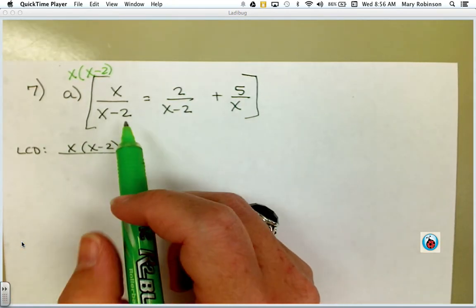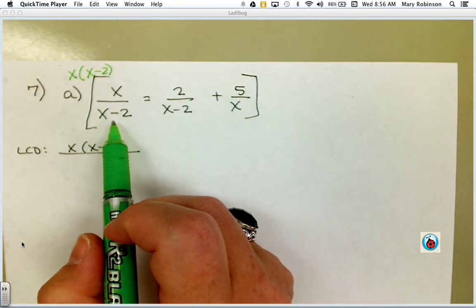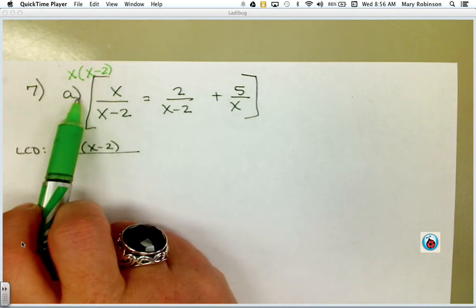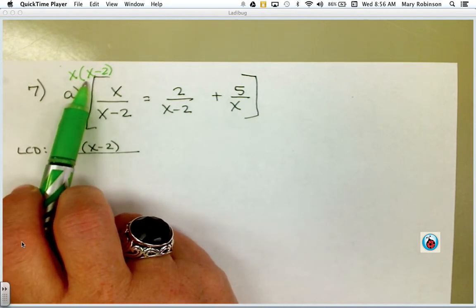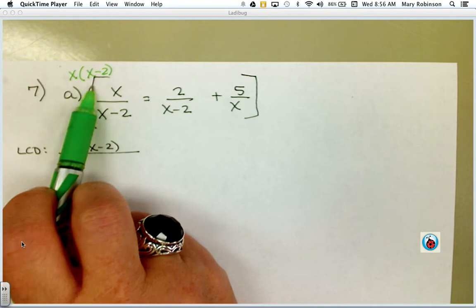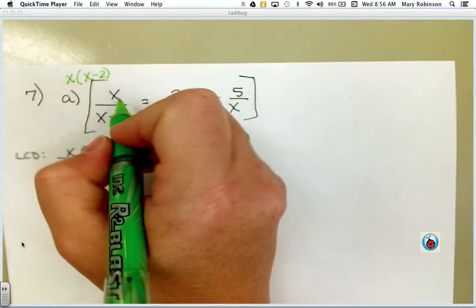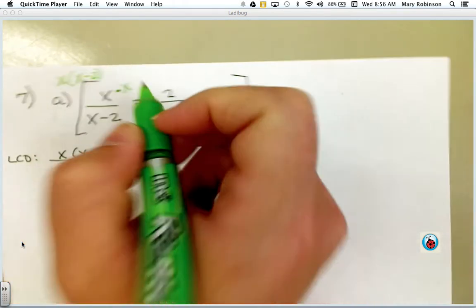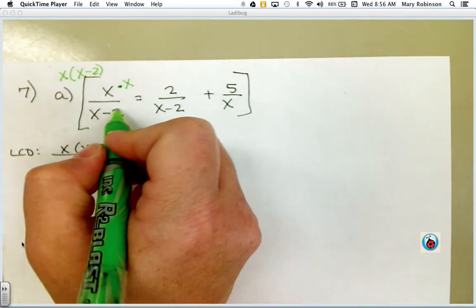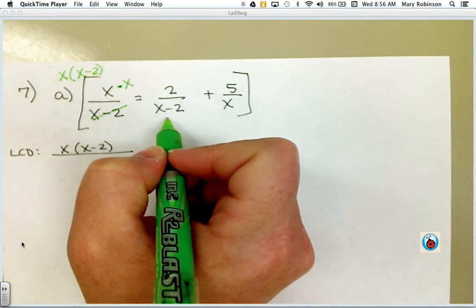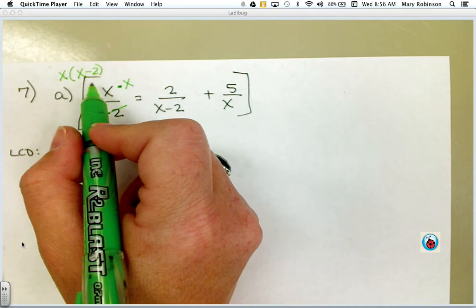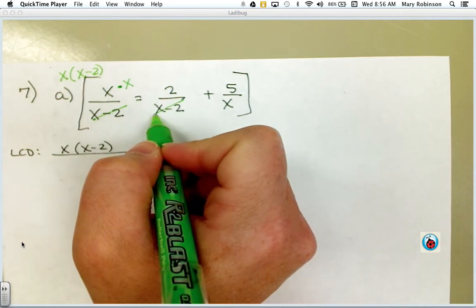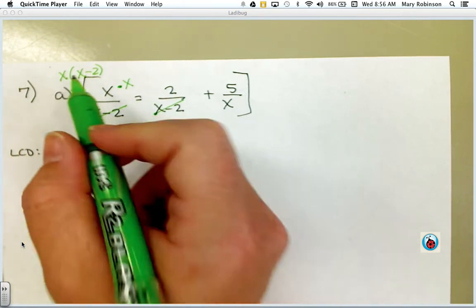So remember, the trick was we take our denominator, divide it into our LCD. The x minus 2 would cancel, leaving the x. So whatever is remaining, I multiply the numerator by. So now that's gone. x minus 2 goes into x and x minus 2, canceling the x minus 2 but leaving x.